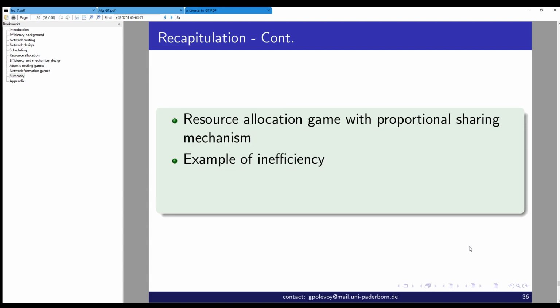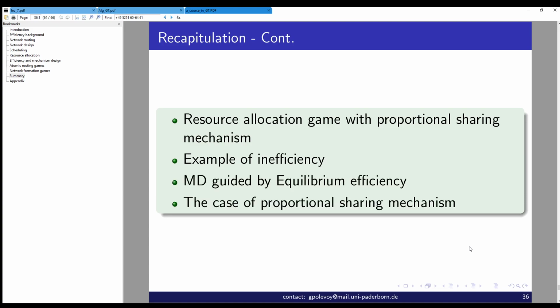And the other topic is the resource allocation game. So the model of allocation of bandwidth or anything else, a kind of pie division between players with a proportional sharing mechanism. We showed that the mechanism is always inefficient, and that also motivates us to talk about the general idea of mechanism design, which can be guided by equilibrium inefficiency.